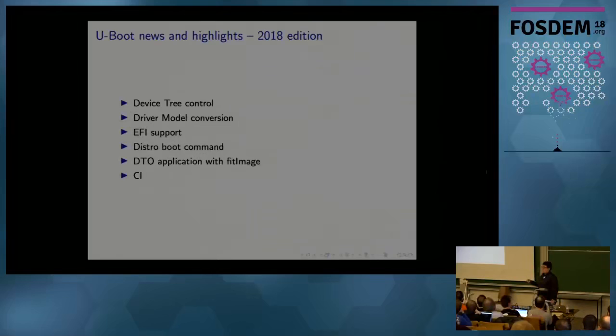One last thing we did recently is device tree overlay application. Now, what that is about is, since the device tree overlay loader in Linux is not finding its way into mainline, probably ever, it was pushed down into the bootloader, so that U-Boot is now capable of applying a device tree overlay to the device tree and then passing this patched device tree to Linux.